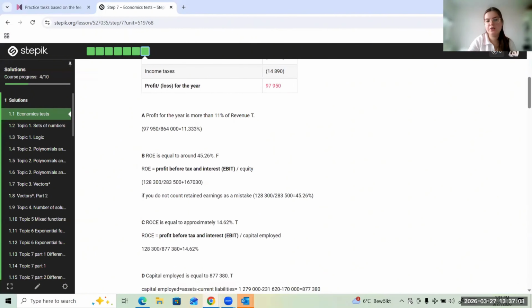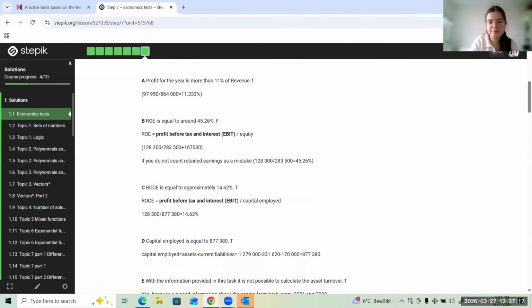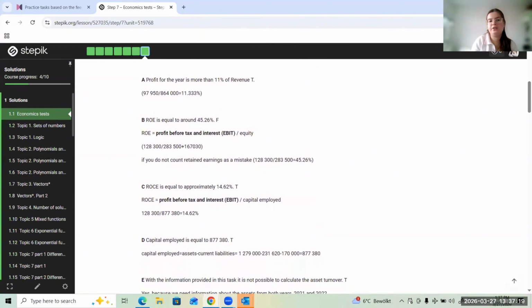you divide the EBIT by the share capital plus retained earnings, and you get a number that's not 45.26. Honestly, I don't remember exactly the value of it, but what I wanted you to see and not make a mistake in is if you don't count retained earnings.